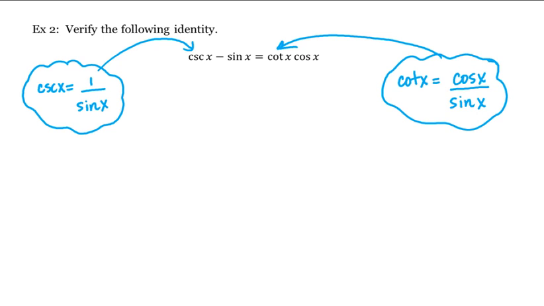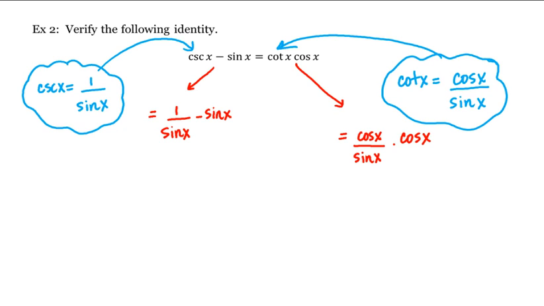That is, this left-hand side is equal to 1 divided by sine x minus sine x. And the right-hand side is equal to cosine of x divided by sine x times cosine x.